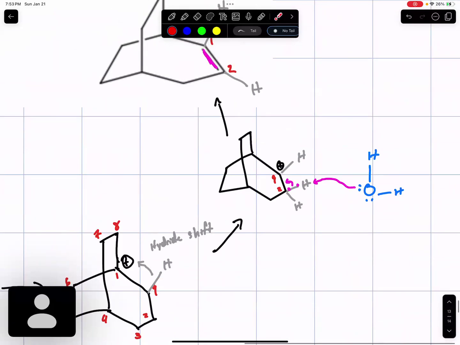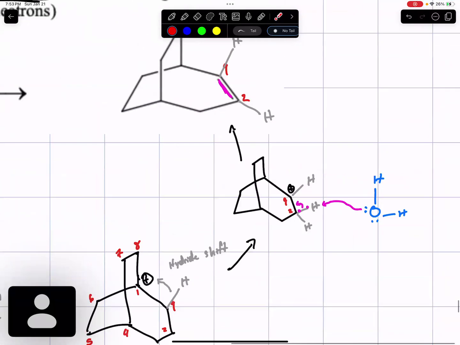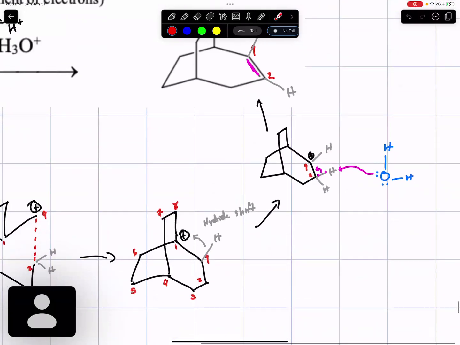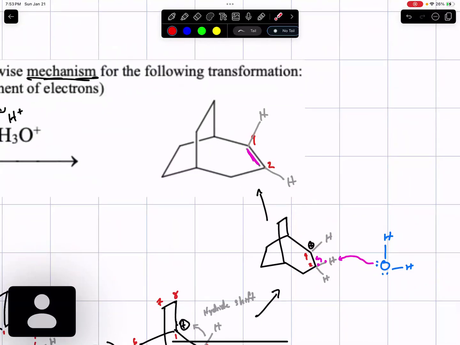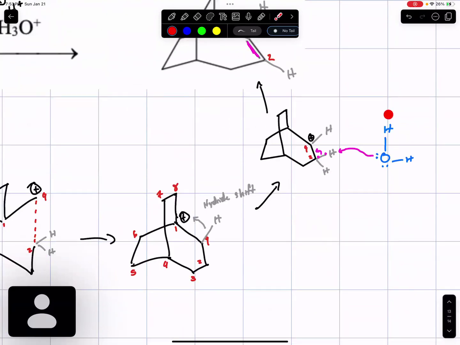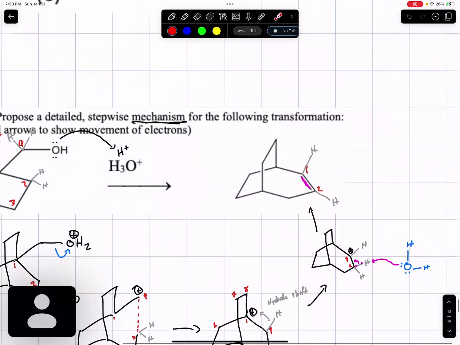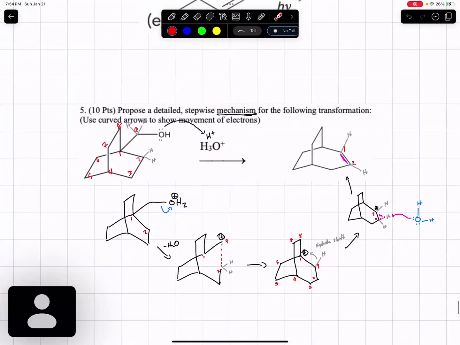That placed a secondary carbocation at position number 9. Since we have a carbocation now at position number 9, we could simply deprotonate one of the hydrogens at carbon number 2, because in our final product, both 9 and 2 only have 1 hydrogen. So we deprotonate it with water to form that alkene between 9 and 2, and that gave us our final product. Okay?